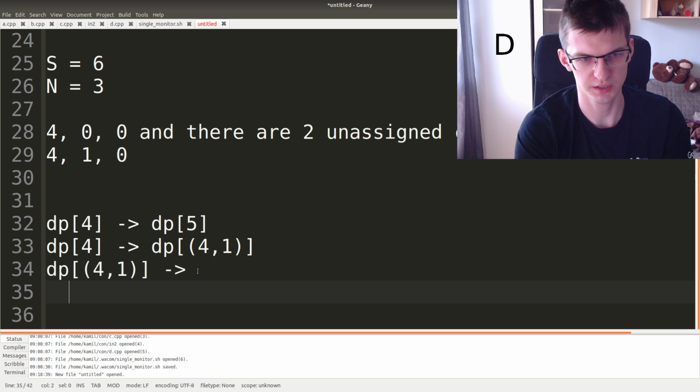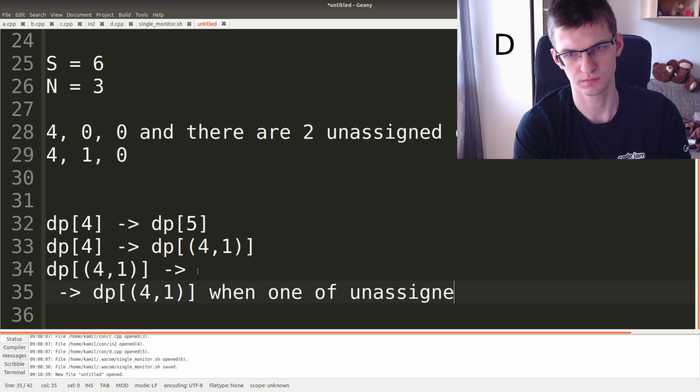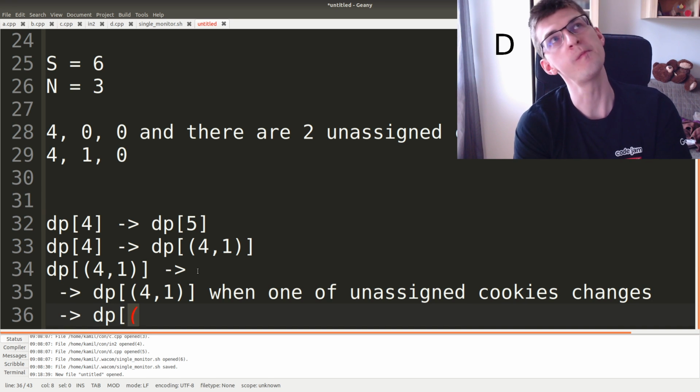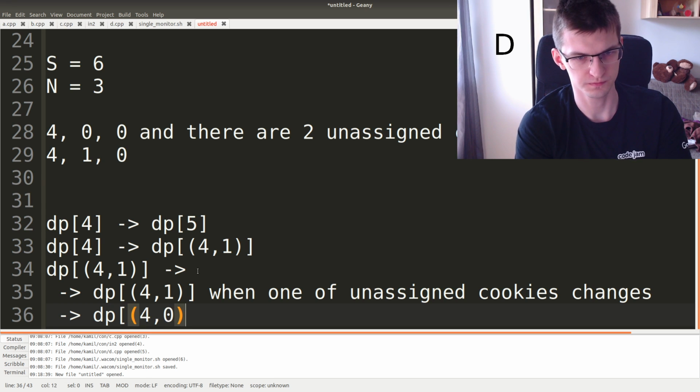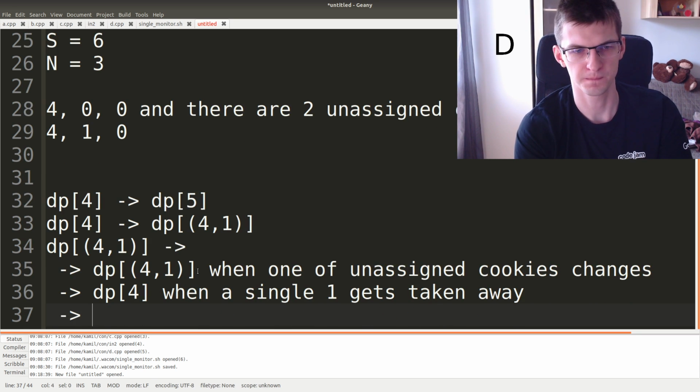So possibilities are that's still dp of 4.1, then dp of 4.0, so just dp of 4, when a single one is taken away, and dp of 3.1.